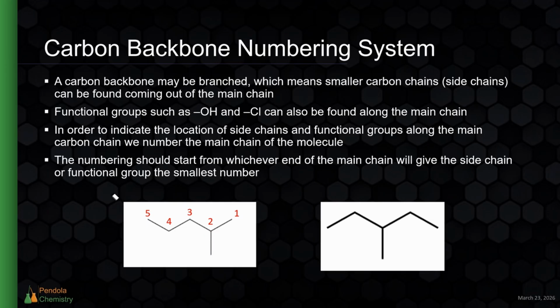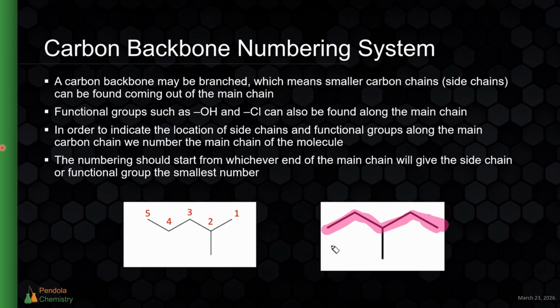But now, like I said, there's more than one way to do things. If we look at this molecule, again, if we look at the longest carbon chain, we'll have 1, 2, 3, 4, 5 carbons.